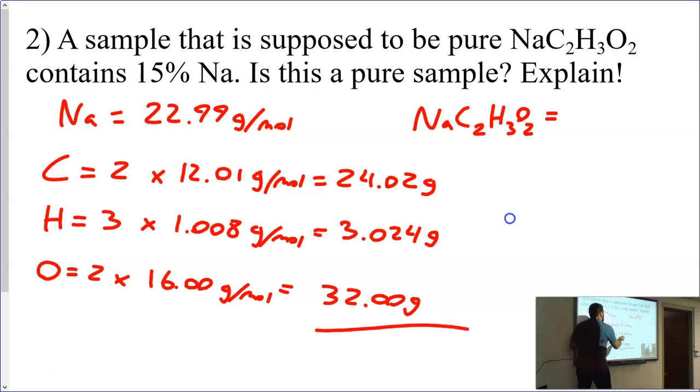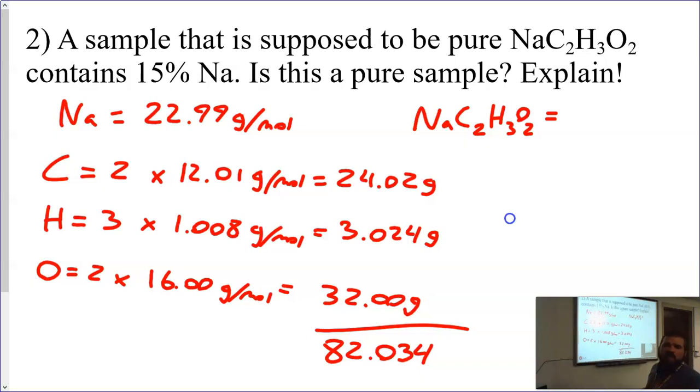I add all this up, right? So the 22.99 plus the 24.02 plus the 3.024 plus the 32. I'm getting a total molar mass of sodium acetate equal to 82.034. And again, I'm breaking sig fig rules here with my molar mass.